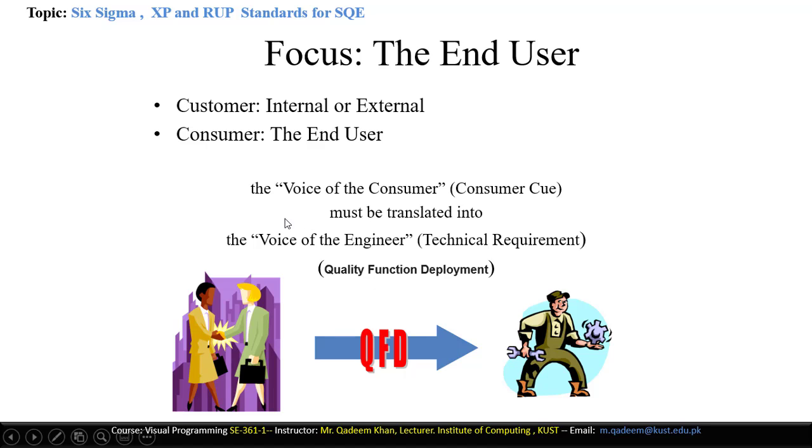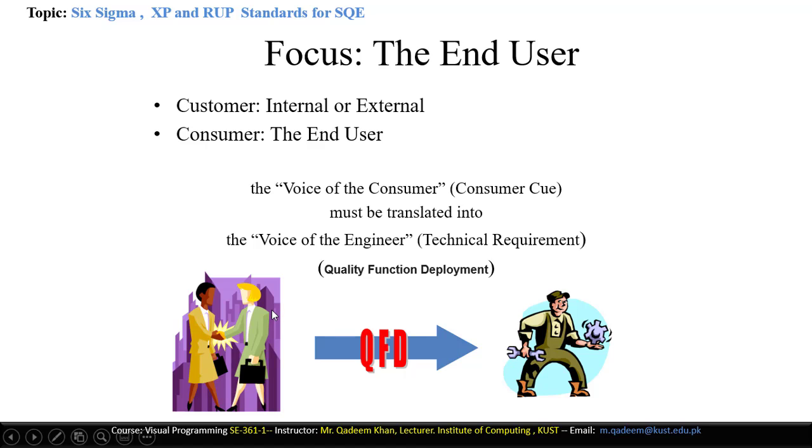So Six Sigma says that the voice of the consumer must be translated into the voice of the engineer. That is the technical requirement, which is called quality function deployment. So the voice of the consumer is provided to the voice of the engineer, which means they have good relations with each other.